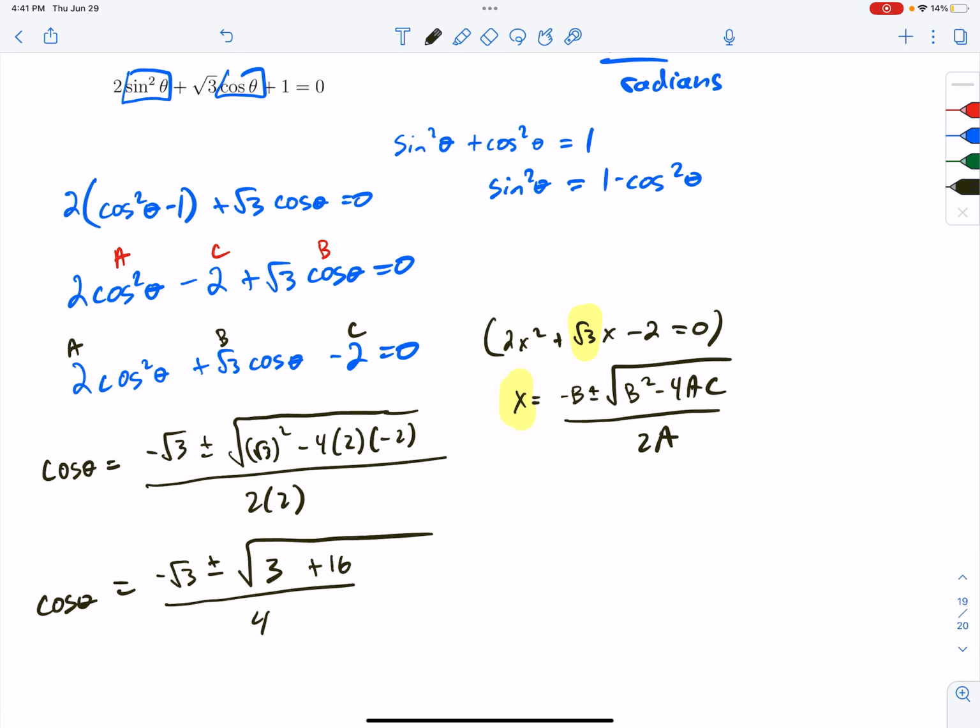I'm just double checking my work before I move on. So I did the Pythagorean identity, made that substitution, distribute the 2. I'm missing this 1 here. So plus 1, plus 1.